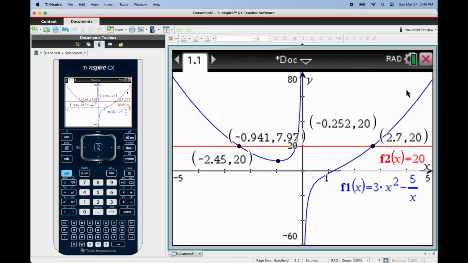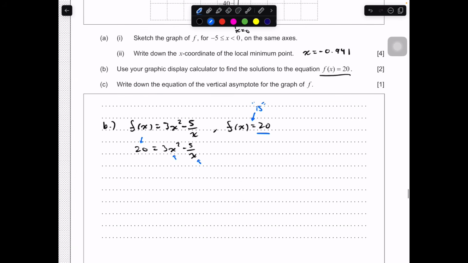Okay. So let's go back to the document and write in these values. So when x is equal to negative 2.45, and x is equal to negative 0.941, and when x is equal to 2.7. There we have our three solutions, our three intersection points.